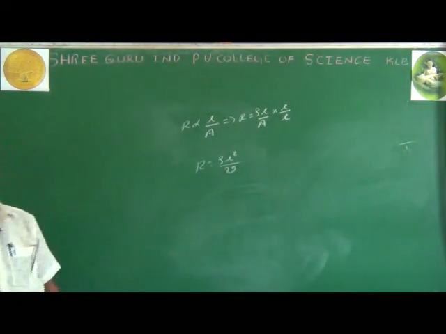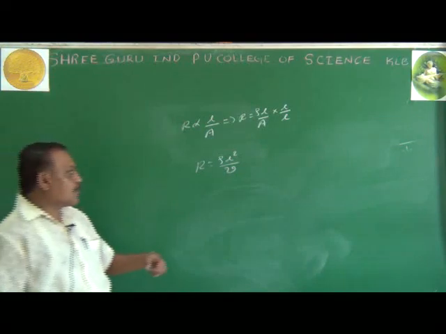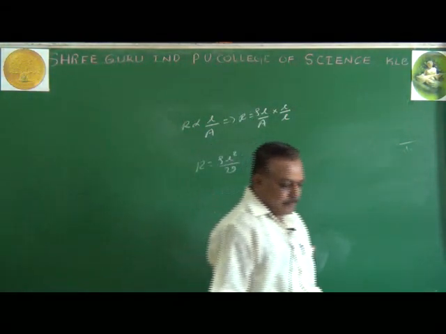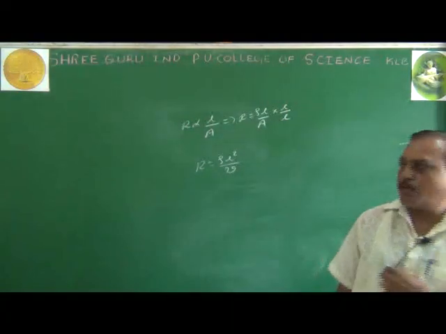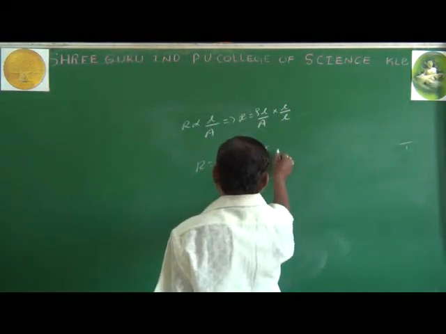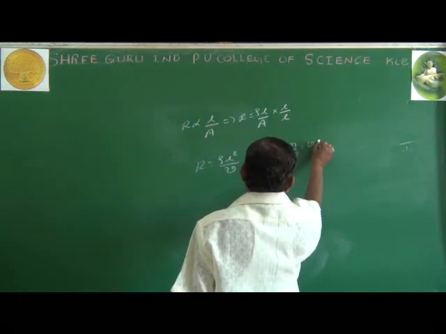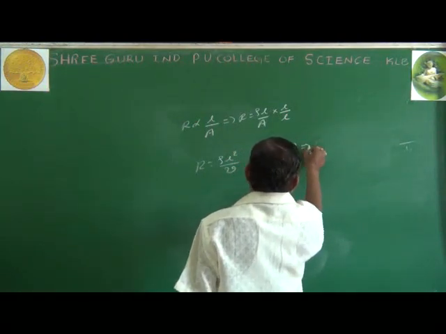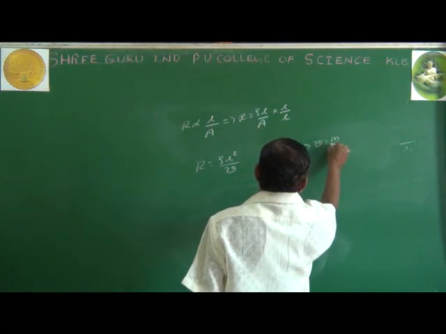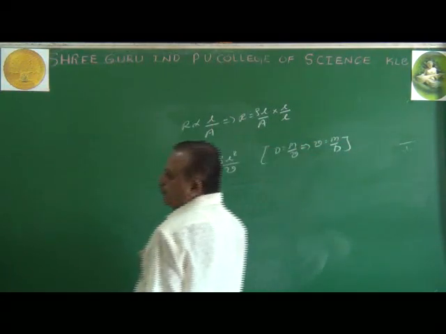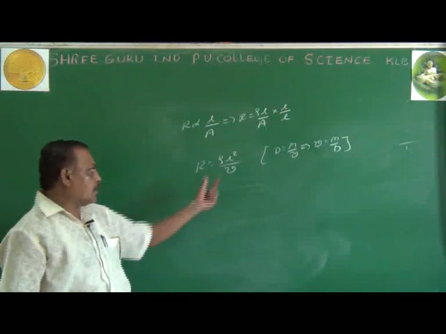We are not going to stretch the wire. I want to establish the relation in terms of length and mass. We know that density equals mass by volume. Then volume equals mass by density. Shall I substitute here? Yes.